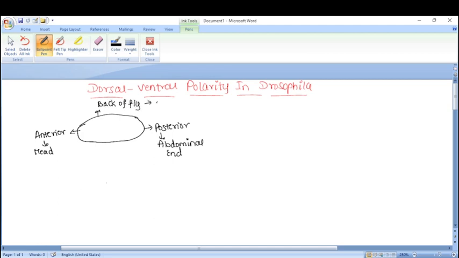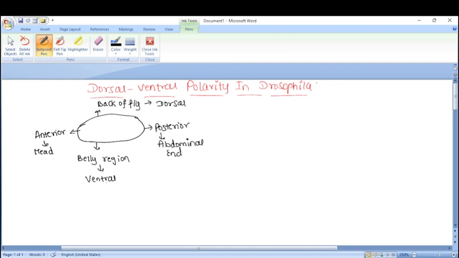Back of the fly is the dorsal region, and the belly region is called the ventral region. Is it clear about the anterior, posterior, dorsal and ventral regions?